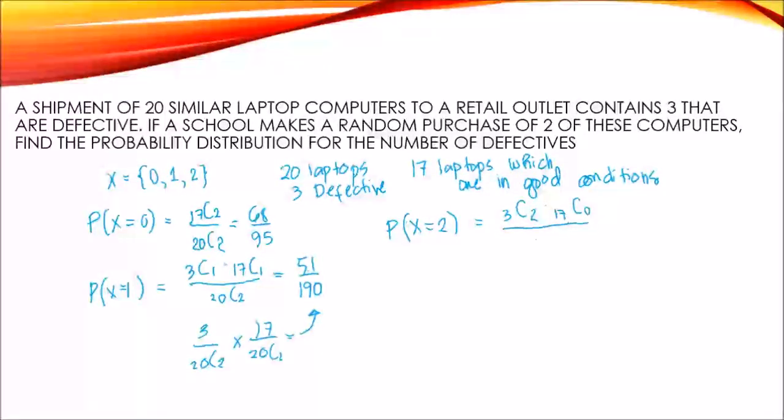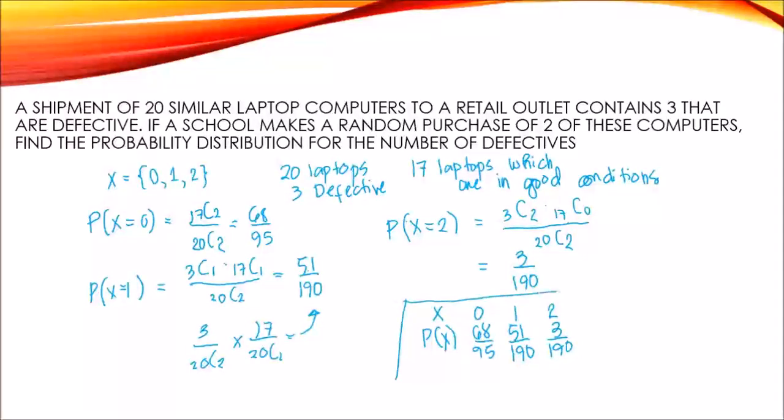Over the total possible combination, 20 combination of 2. That is equal to 3 over 190. Okay, so this is the probability distribution. We have x equal to 0, 1, and 2.